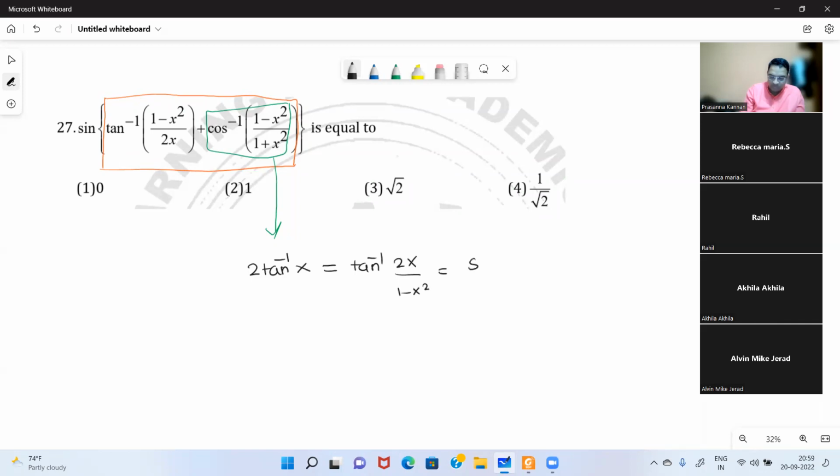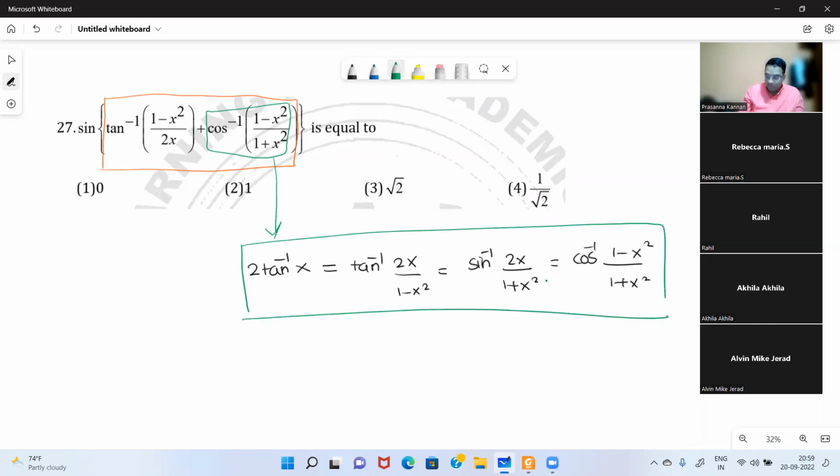It is also equal to sine inverse of 2x by 1 plus x square. It is also equal to cos inverse of 1 minus x square by 1 plus x square. So now all the 3 we have seen in this paper, right? So far we have seen the tan inverse variation and sine inverse variation. Now in this sum we are also seeing the cos inverse, correct?